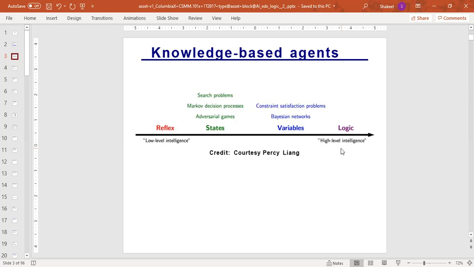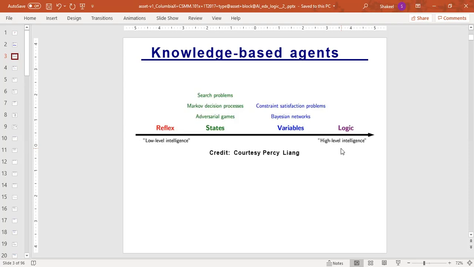So with CSPs, we started looking into designing agents that can actually have a representation of the world and a representation of the algorithm completely different. So we started separating the domain from the algorithm.